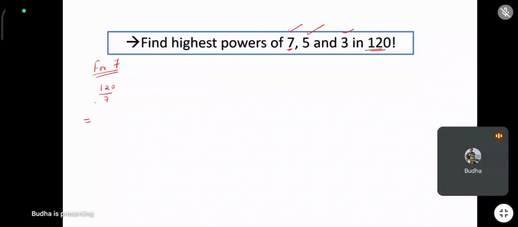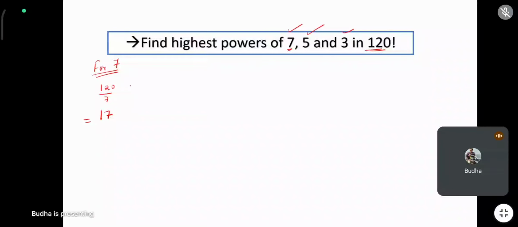So 120 by 7 is how much? कितने टाइम्स जाएगा? How many times? 17 times. Yes. 17 times.